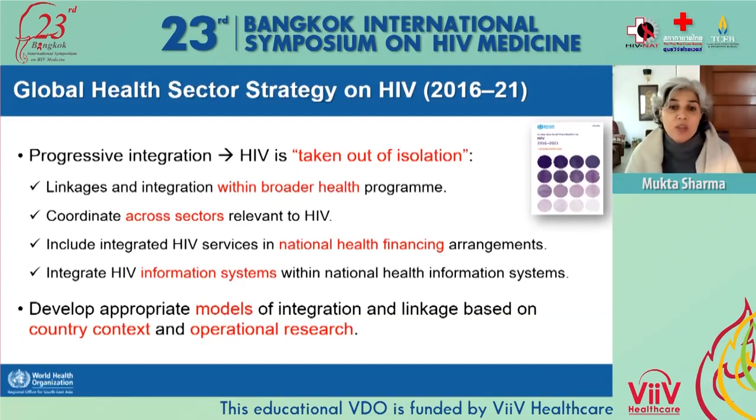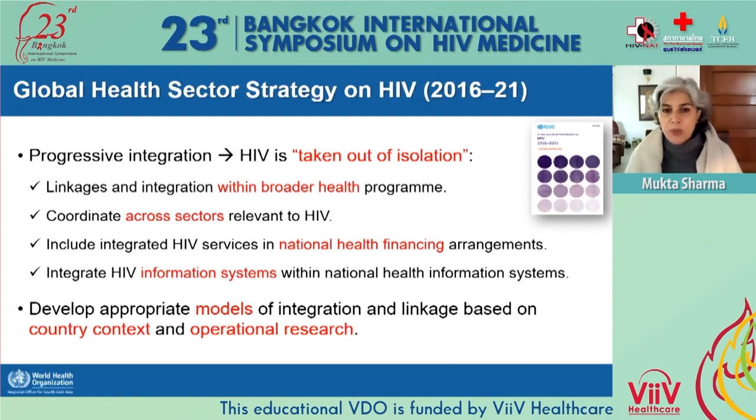HIV programs have to be linked to the broader health program, but there has to be coordination across all sectors relevant to HIV. What that means is that the specific issues of HIV are still maintained, but there is coordination across this. A key important issue is that of national health financing arrangements and how this includes HIV.